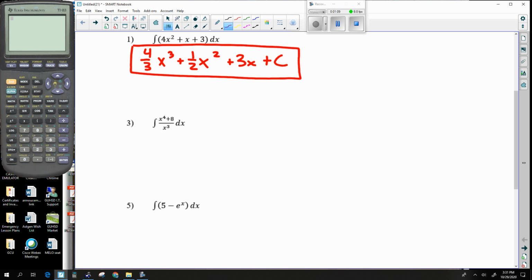So here I get to split the numerator. So this is in essence x to the fourth over x to the third, and 8 over x to the third. So kind of think of it like this. So this integral is of x plus I'll start a new integral here.